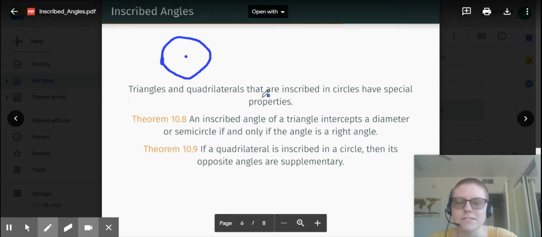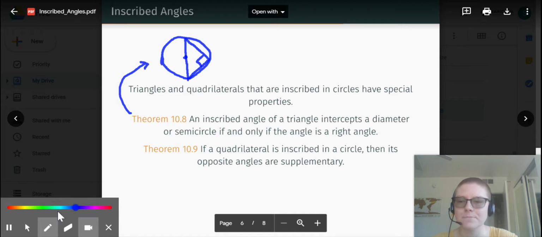So say this is my center, and let's make the center a little more obvious. All right, so if I have that, in order for this side of the triangle to be a diameter of the circle, this angle that's across from it has to be a right angle, which means it is a right triangle. So that is what theorem 10.8 is telling us.